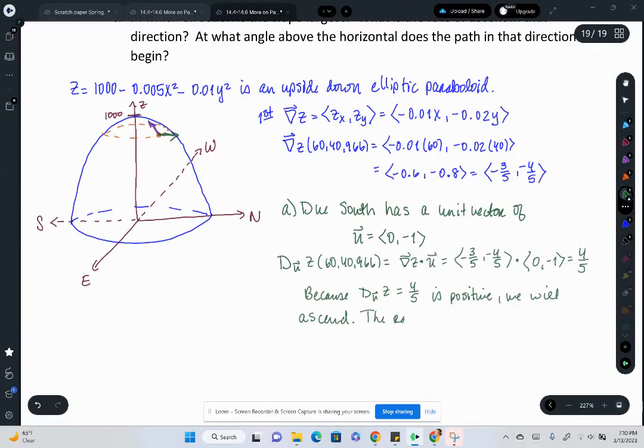The rate will be 4/5, or we could write it as 0.8.